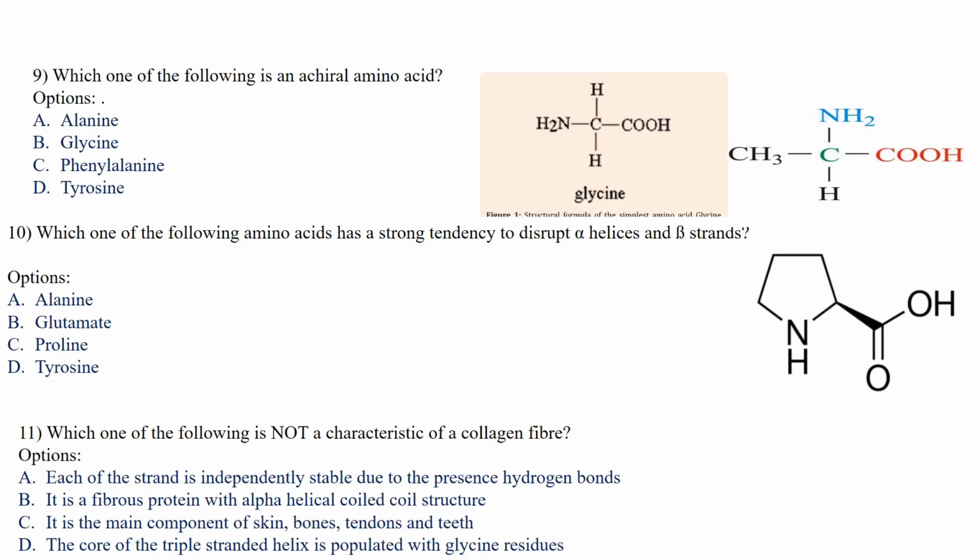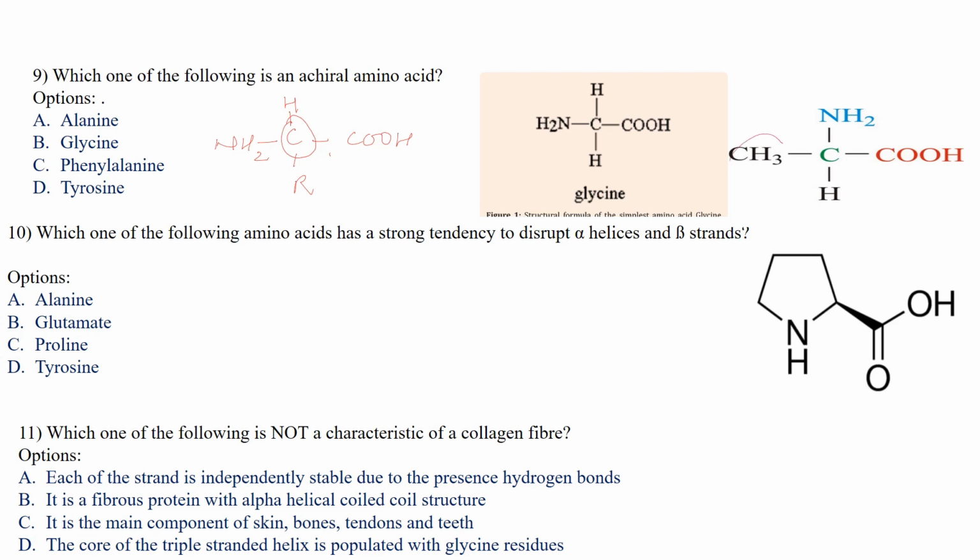Next question is, which one of the following is an achiral amino acid? An amino acid has a general structure like this. It has a carboxyl end, it has an amino end, it has an R group and a hydrogen atom. So whenever the 4 constituents around the center carbon atom are different, then that molecule is said to be chiral.